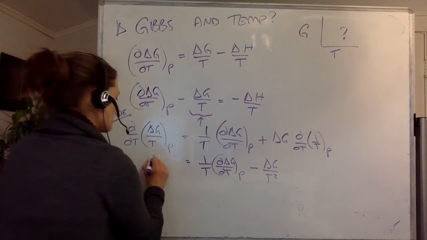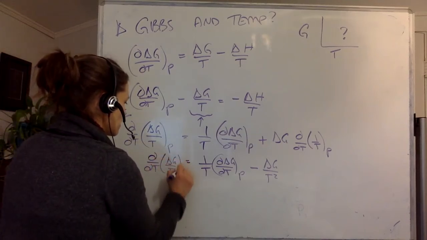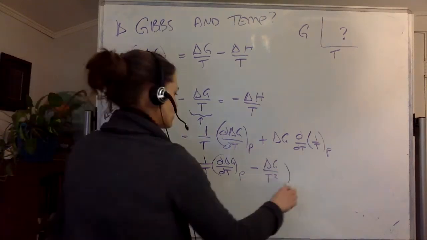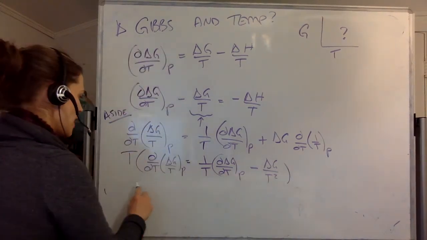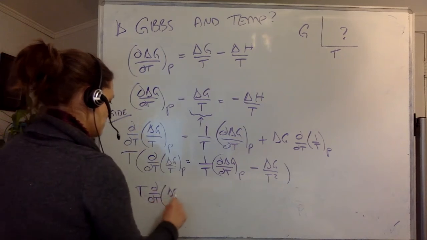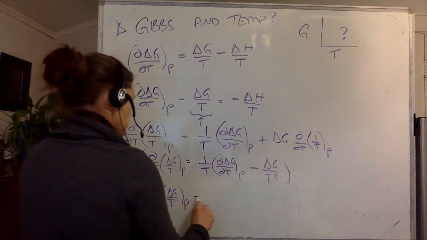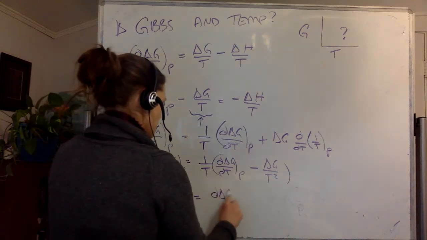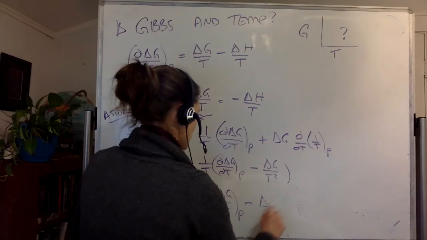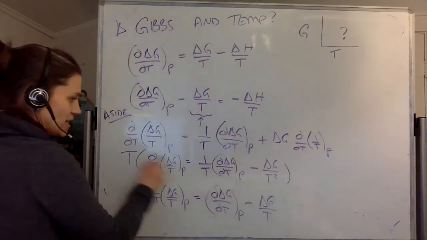So this equals partial T delta G over T at constant P. I'm going to multiply both sides by temperature, and I'm left with T partial T delta G over T at constant P is equal to partial delta G partial T at constant P minus delta G over T, because I've multiplied the whole thing by T. These T's cancel.